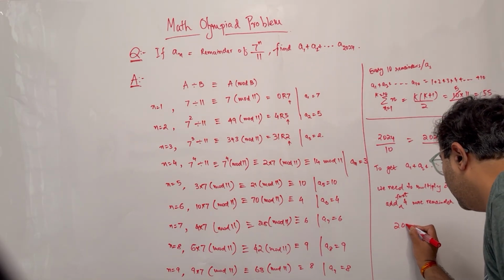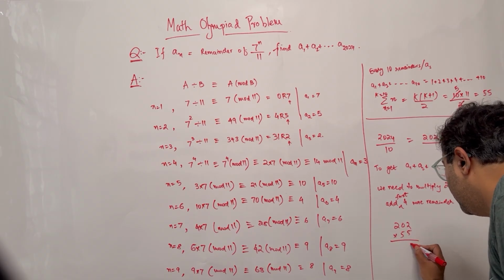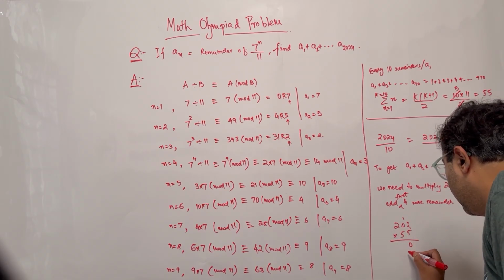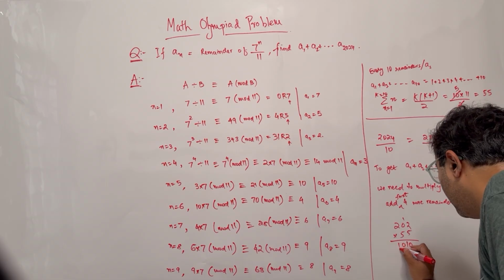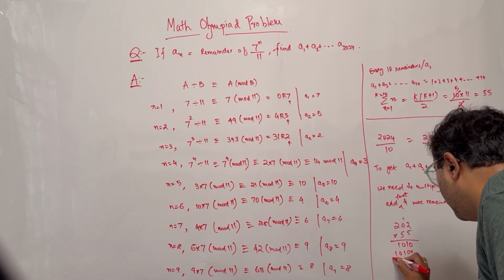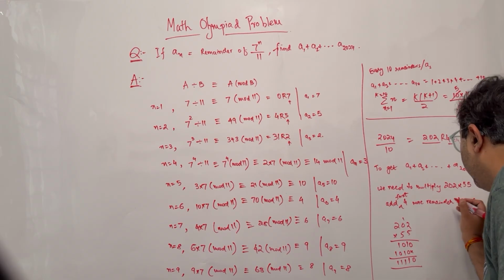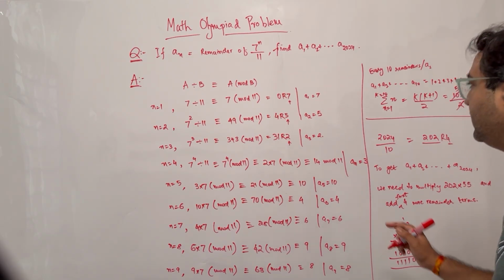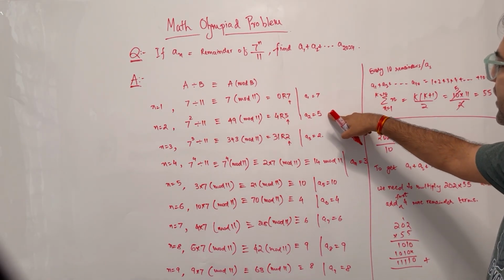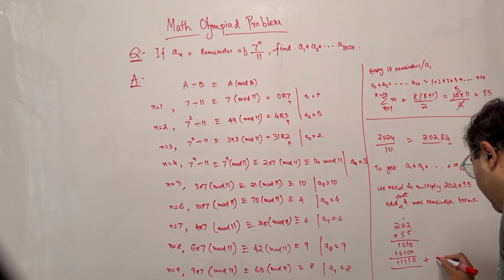So 202 times 55 is 5 into 2 is 10, 0, 1, then 0, 1, 0, 1. So this will become 11110. And then we have to add the first 4 terms. 7 plus 5 is 12, plus 2 is 14, plus 3 is 17.